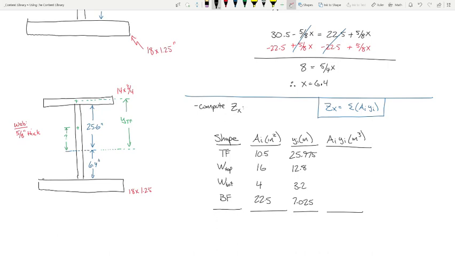So now the only thing that we have to do is we have to multiply each of these columns. So we have to go this times this, this times this, this times this, this times this. And that gets a little repetitive, so I can do that part for you.